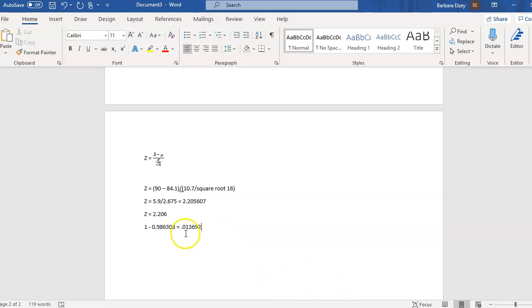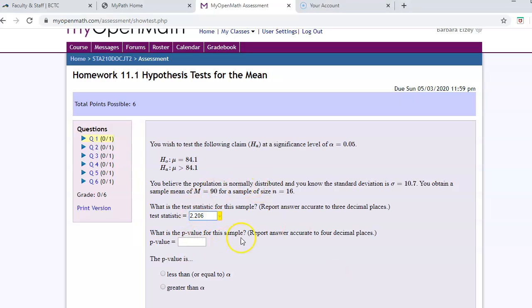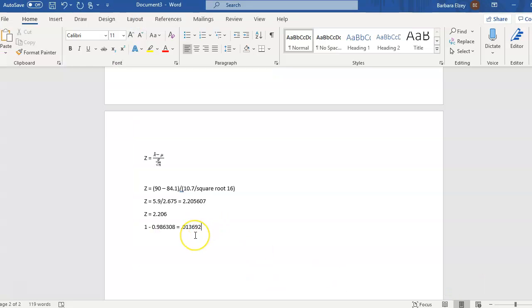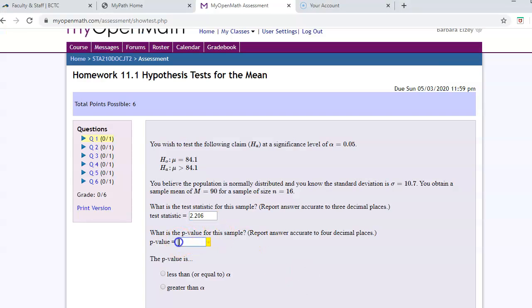If we're rounding to 3 decimals, it's 0.014. Let's just double check. Oh no, they want it to 4 decimals for the p-value, so we want to put 0.0137.